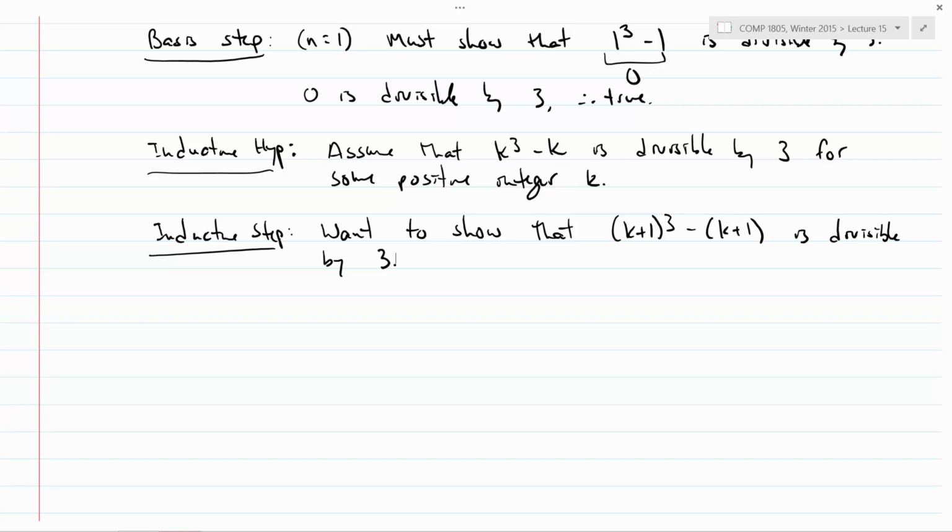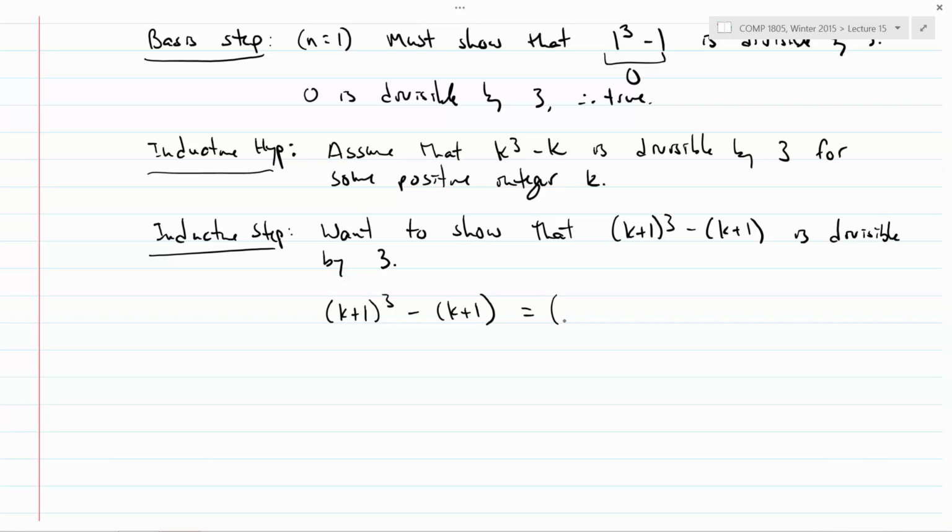All right, so I want to show that this thing is divisible by 3, and I know that k cubed minus k is divisible by 3. So what I do is I start working with this thing until something happens and I get a k cubed minus k. I know that part's divisible by 3, and then hopefully everything else will work out. That's my hope. So, (k+1) cubed minus (k+1). What's that equal to? Well, let's start with the (k+1) cubed. What's that the same as if you expand it out?